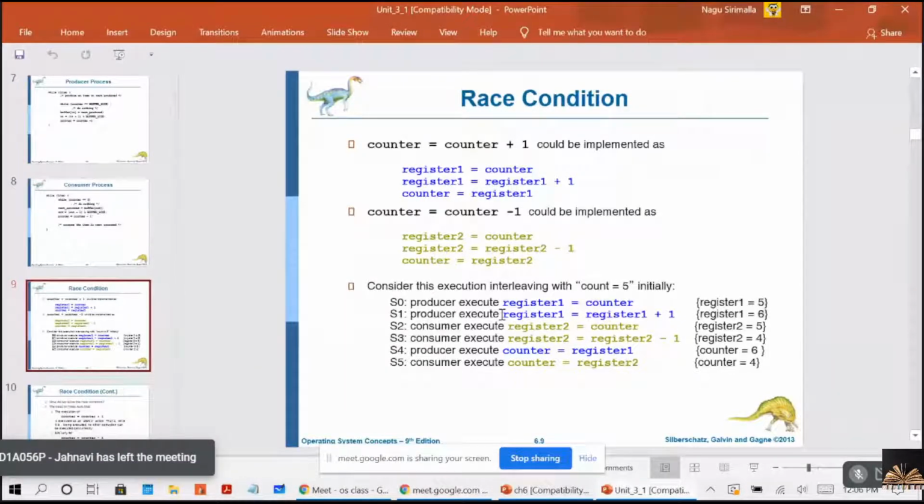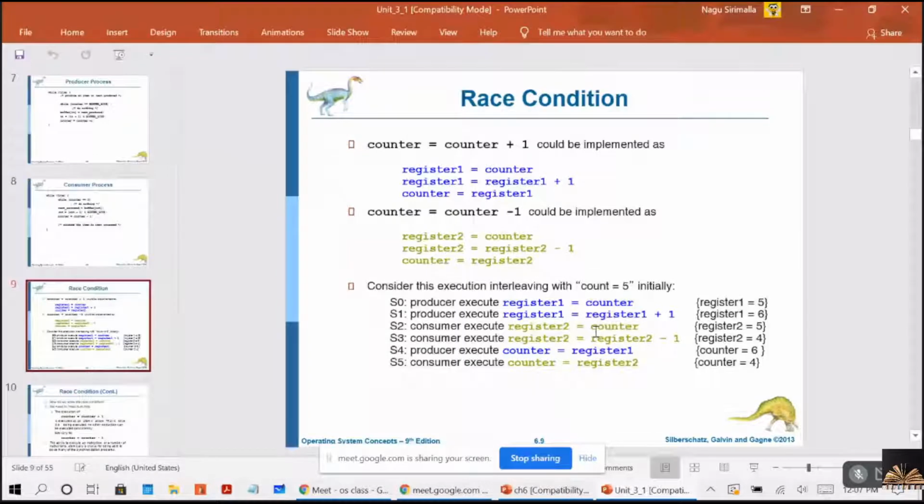So in R1 we are holding the counter. These are the machine instructions. In register 1 we will be holding the counter, and the register will be incremented by 1 and that will be held here. If you take the counter value equal to 5, then the statements will be executed like this. When the producer is producing some item, initially the counter is 5.